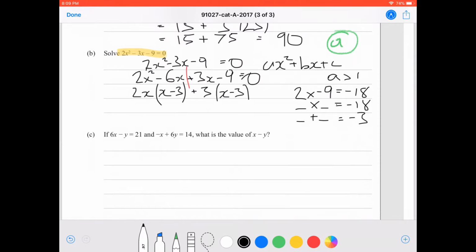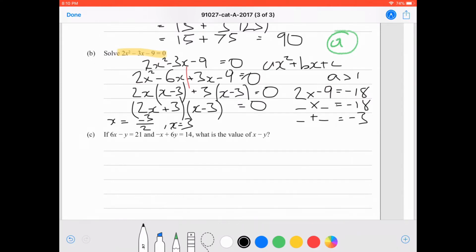And you know you're on the right track when your two brackets are the same. So now we can say 2x plus 3 is a bracket, and x minus 3 is a bracket, and that equals 0. Therefore, x equals minus 3 over 2, or negative 1.5, or positive 3.